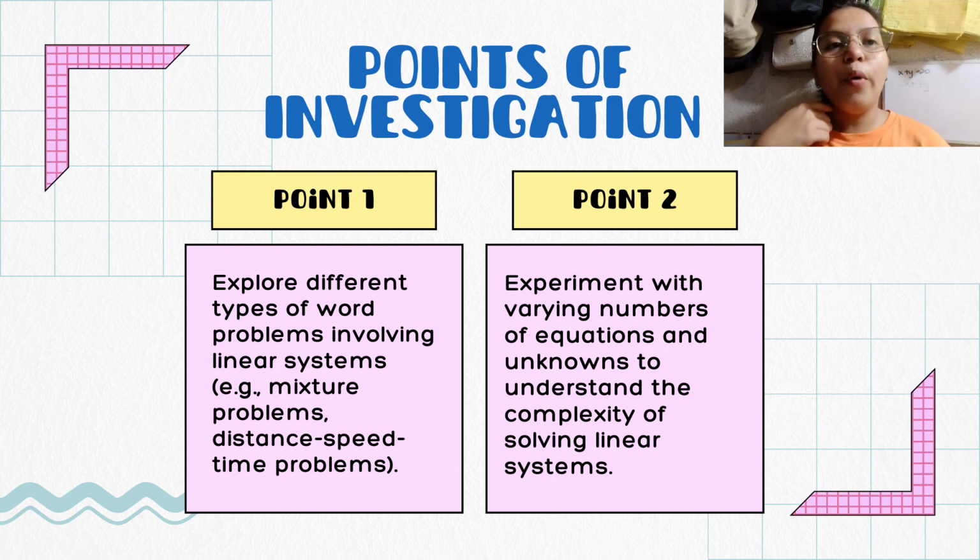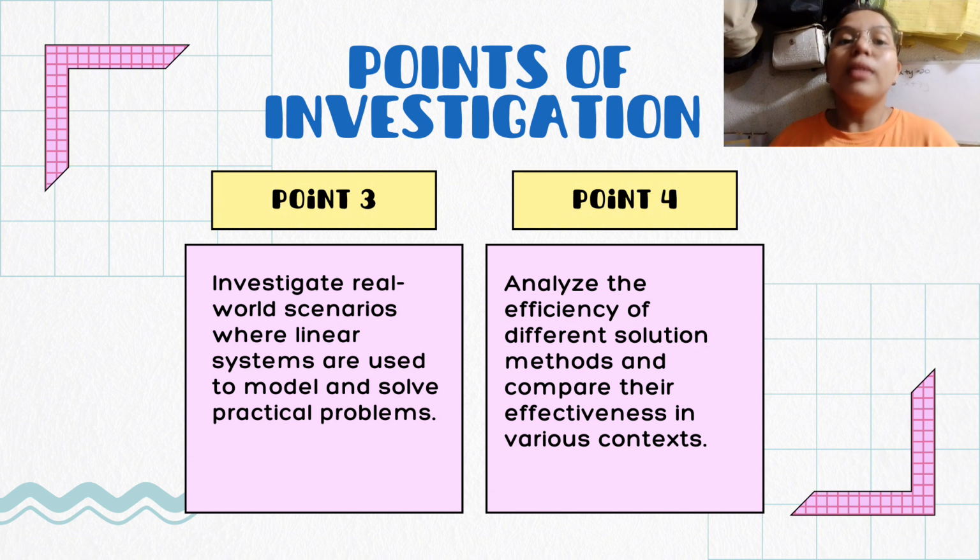And our point number 3 is to investigate real world scenarios where linear systems are used to model and solve practical problems. And our last point of investigation analyzes the efficiency of different solution methods and compares their effectiveness in various contexts.